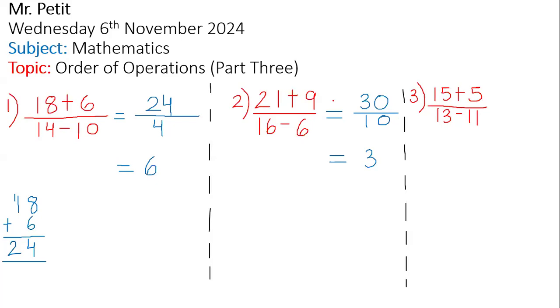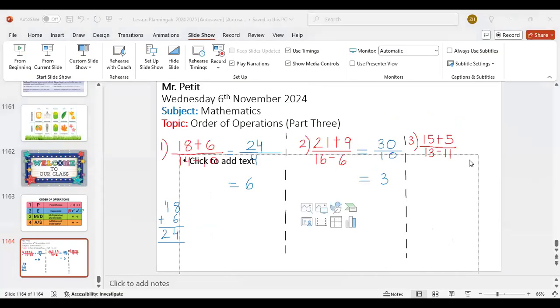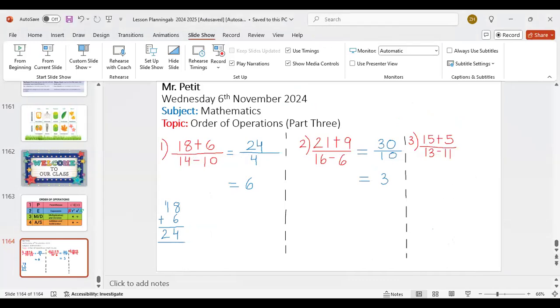Put your answers inside the chat for me, please. We have 15 plus 5 all over 13 minus 11. Again, put your answers inside the chat for me, please.